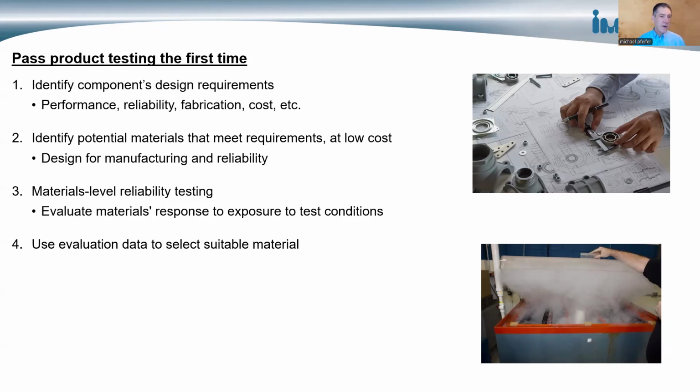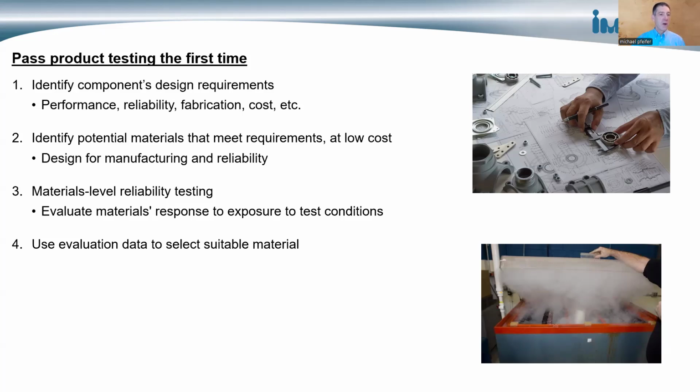Now we might not want to do this for all the components in a product. We might want to select components that are strategic, or that we feel have the most aggressive conditions exposed to them, or components where we think that there have been increases in the exposure to whatever conditions the material is being exposed to.